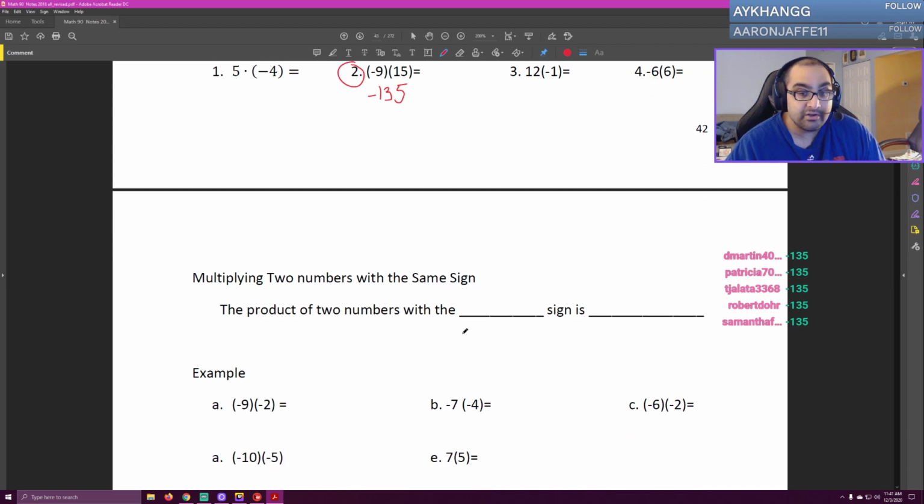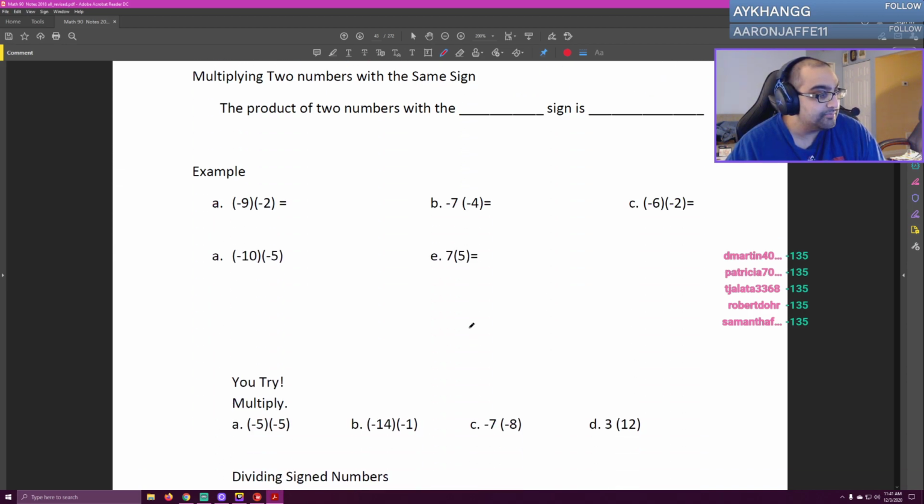Let's take a look at some more problems here. Let's try this first one: -9 times -2. What sign should our answer be in this case? We have a -9 times -2.